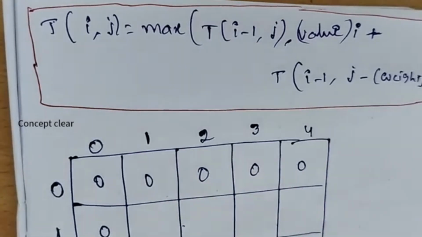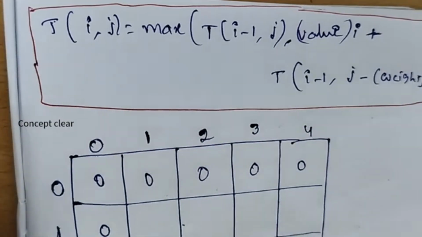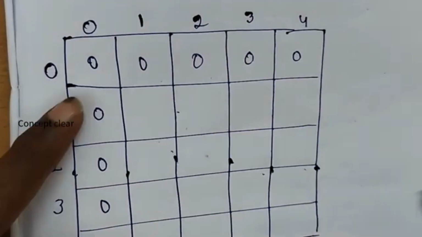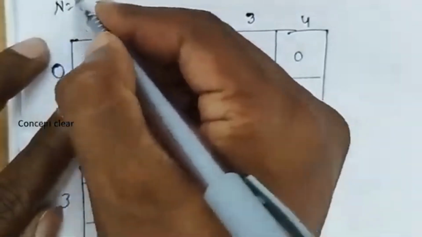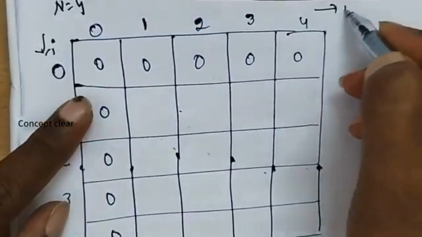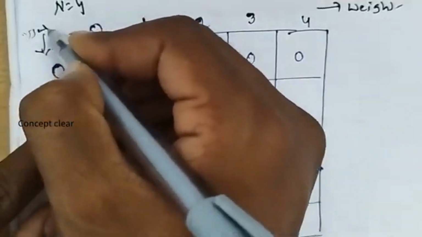This is the equation for the knapsack problem, and the problem will be represented in this table, matrix format. How many objects do we have? We have 4 objects, so n equals 4, and these are the weights and these are the values.